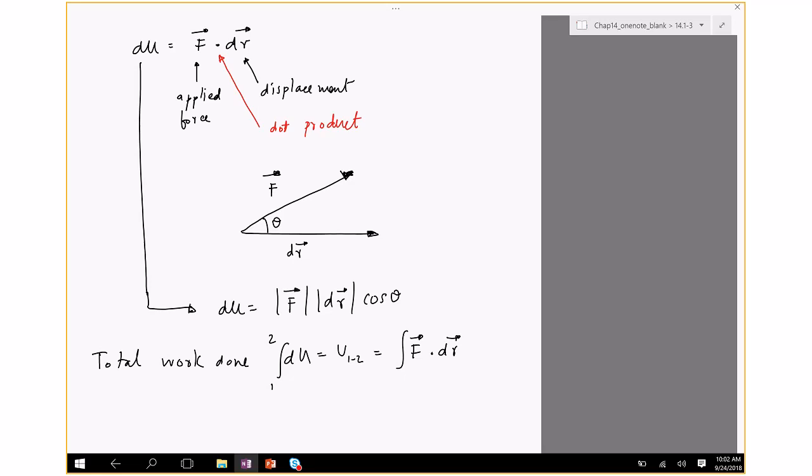Okay, good enough. So this is chapter 14, and we're going to learn about work done and the principle of conservation of energy, and this is a way in which we can supplement what we learned previously. Sometimes it's easier to invoke these principles in order to solve problems.